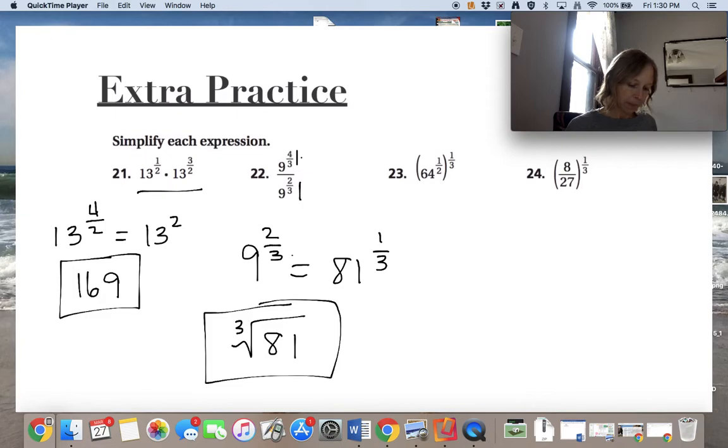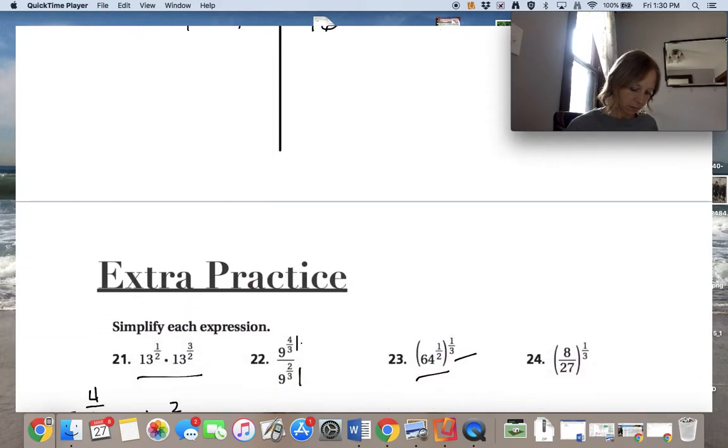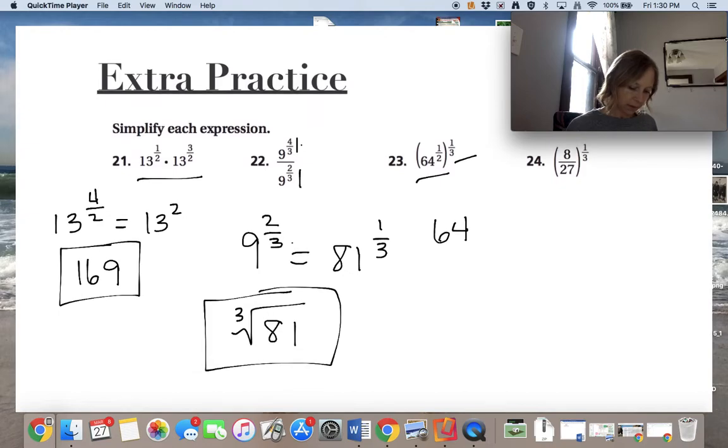Next one, we have a power of powers. What we do is we multiply our exponents. So I'd have 64 to the 1/6 power. But now I have to simplify that, and I'm not quite sure how I want to simplify that.